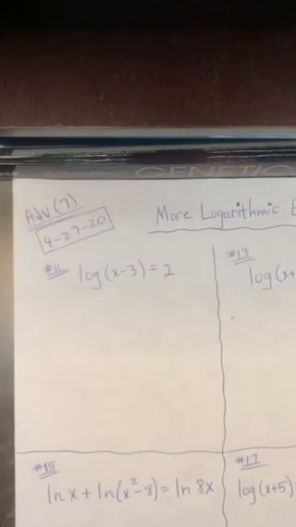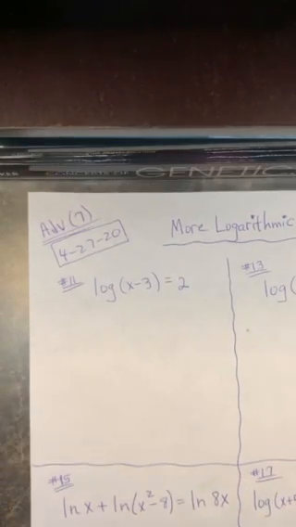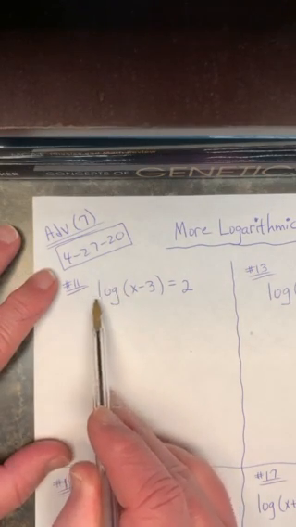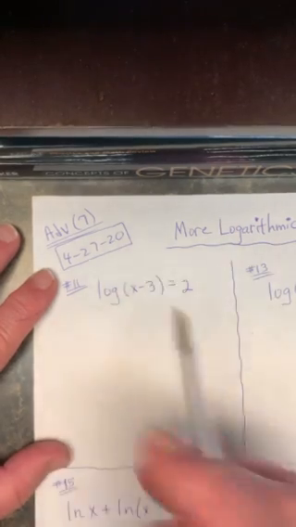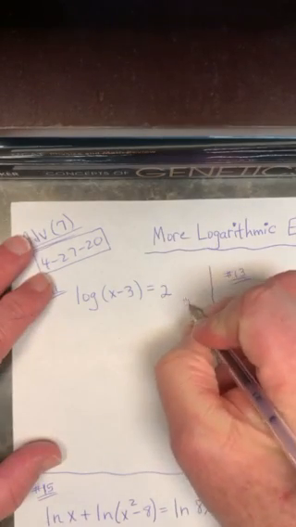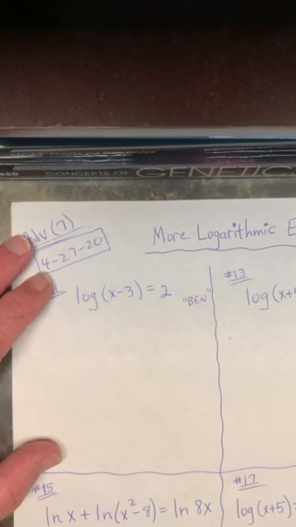Today, number 11, I'm just gonna continue on with our sheet here. Go ahead and write log of x minus 3 equals 2. Now, let me point something really important out. When you do see only one log in the problem, your brain should jump to the idea of Ben, right? So as soon as I see one log, I'm thinking good old Ben, which is base exponent number.